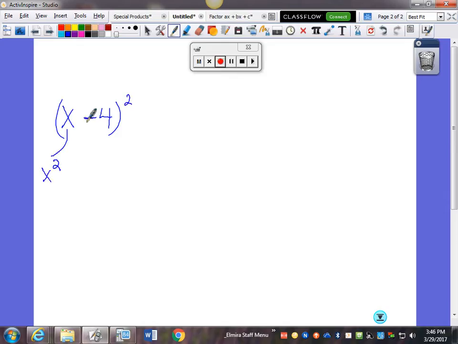Now, minus 4. If I square minus 4, that's going to be a plus 16. Anything you're squaring that's minus ends up being plus. A minus 4 times a minus 4 is a plus 16. Okay, and then my middle term is going to be x times minus 4, so minus 4x, and double it, minus 8x.